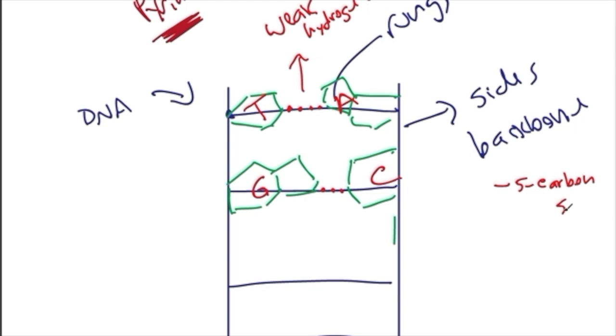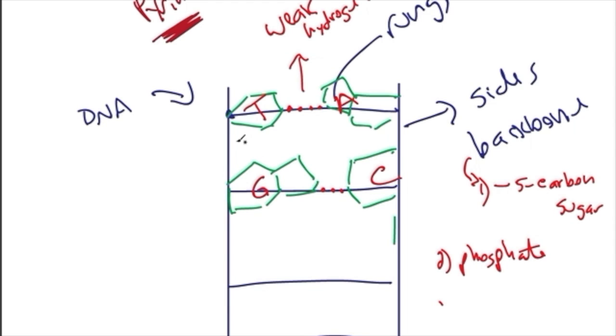So your backbone is made up of a 5-carbon sugar and a phosphate. And what is the last one, a hydroxyl or carboxyl? Wait. No, that's it actually. It's just the phosphate and the 5-carbon sugar, because they always call it a sugar phosphate backbone.